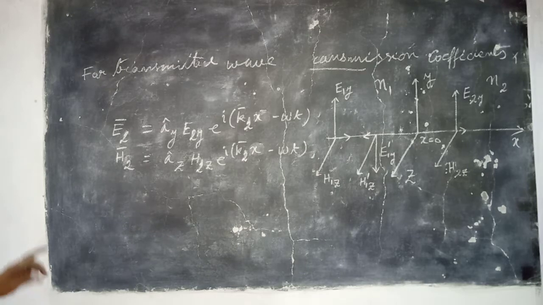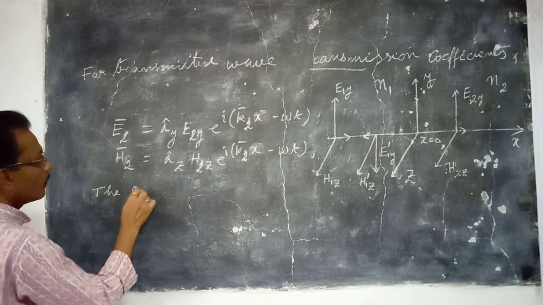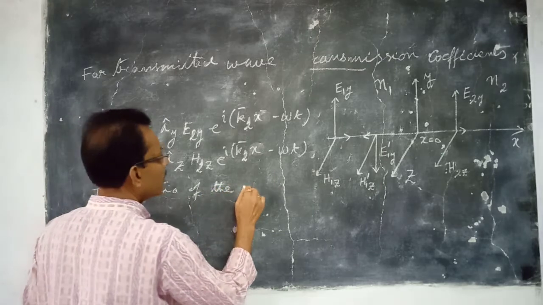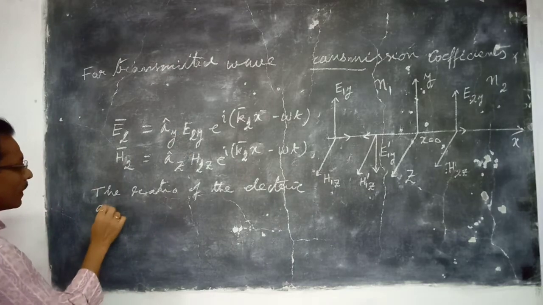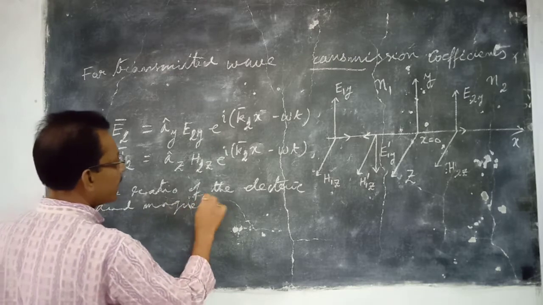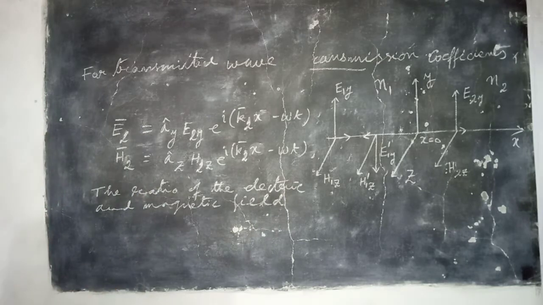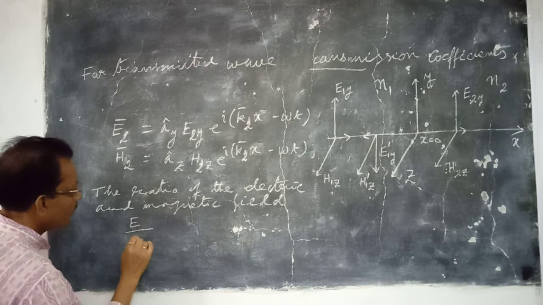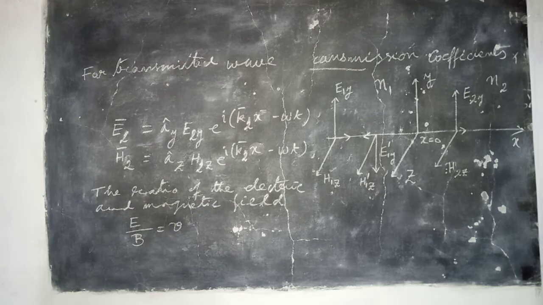Now, we know that the ratio of the amplitude of the electric and the magnetic field is the speed of light in that medium, that is E by B is the speed of light in that medium.